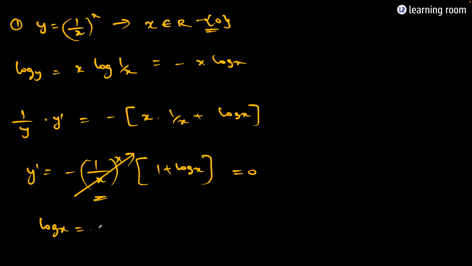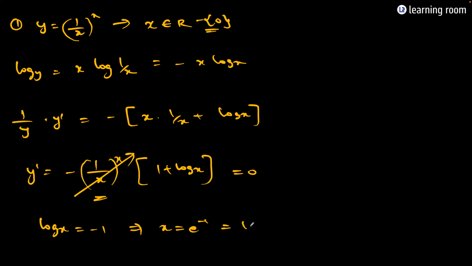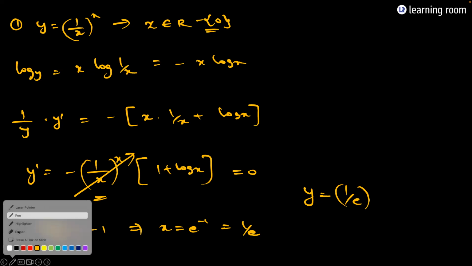So log x is equal to minus 1, which implies x is equal to e to the power minus 1, which is 1/e. So what is going to be the function value? y is equal to (1/e) to the power of 1/e.